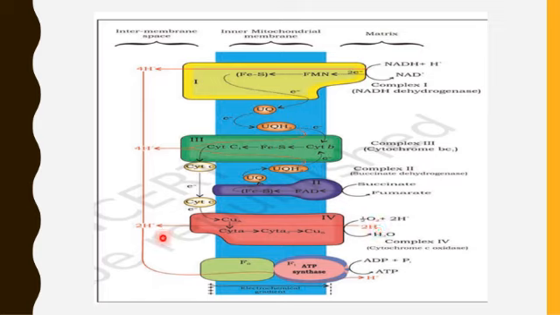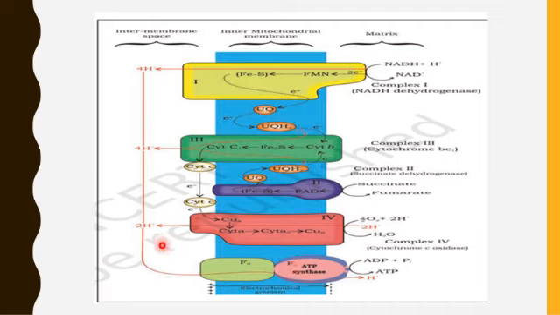But for coming back from the intermembrane space to the matrix, the route is only through complex 5, that is coupled with ATP, your oxysome made up of 2 units, F0 and F1, and F1 is having the ATP synthetase.